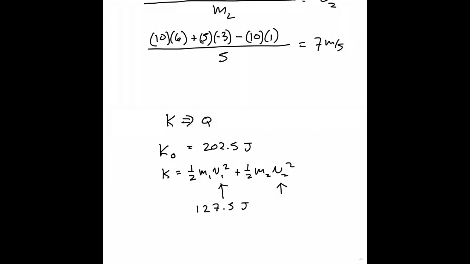And if you take the time to calculate the percent kinetic energy lost, find the amount of kinetic energy lost and then change it into a percent, I think you would agree that the overall percent kinetic energy lost this time is 37%. So what we want to do lastly is see what happens if the collision is elastic and verify that the kinetic energy lost really is 0% in the case of the elastic collision.